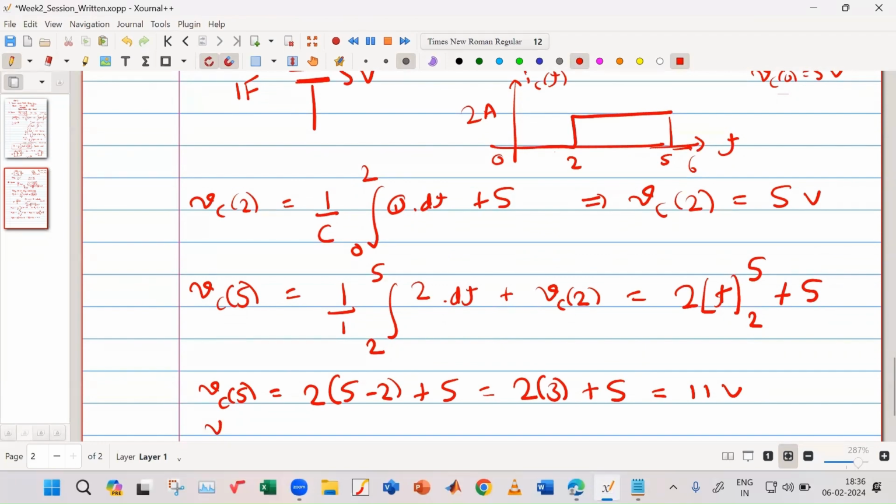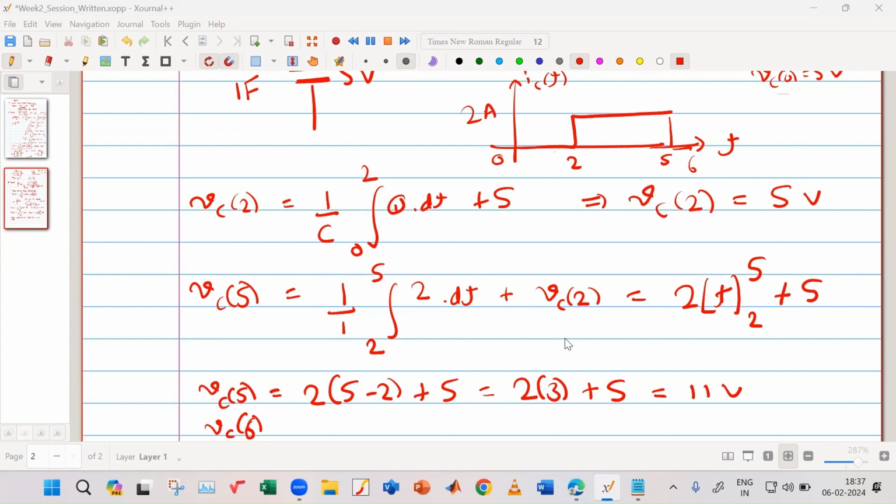Can anyone tell me what will be Vc of 6? 11 volts. Vc of 6 equal to 1 by 1, integration 5 to 6, current is 0 into dt, plus Vc of 5, which is 11. So this is 0 plus 11, 11 volt.